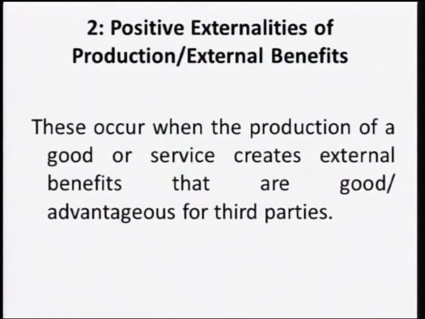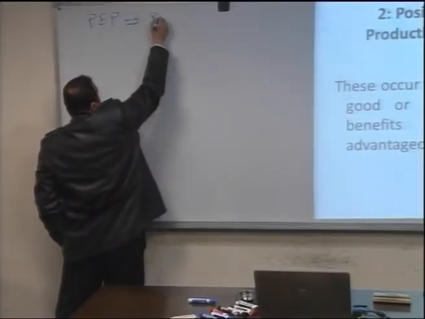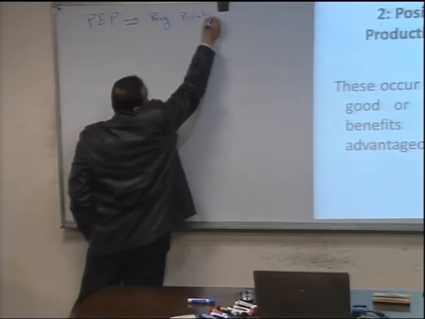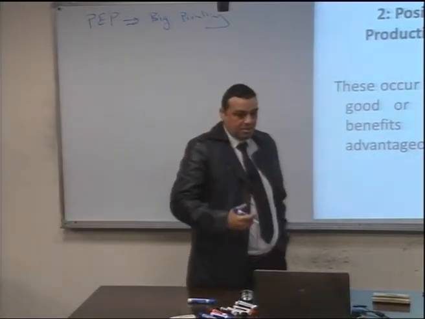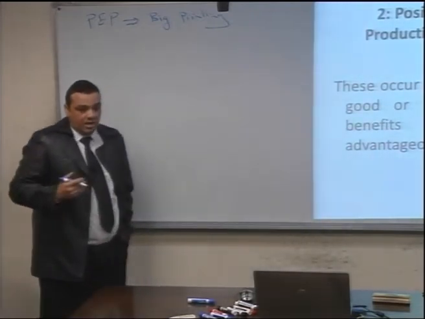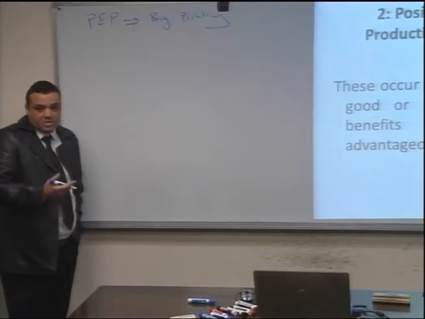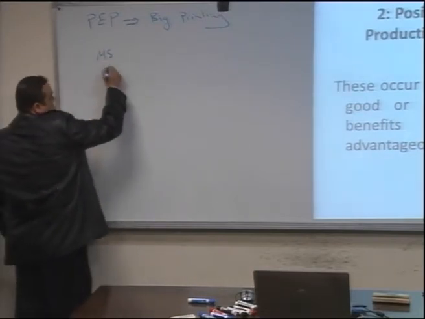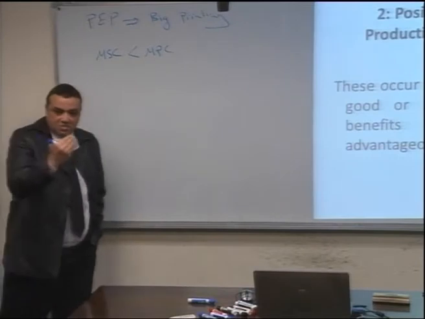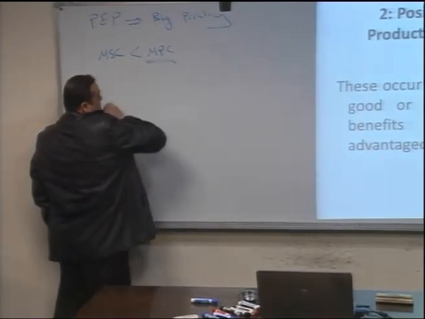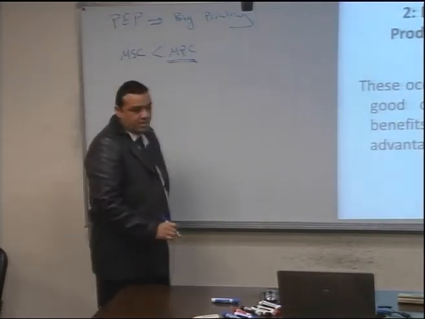Here we had an example, which is the big printing firm. If you remember, we assumed that the big printing firm creates new skilled workers who go to the community to work, so the marginal social cost is less than the marginal private cost because there are benefits to the community.